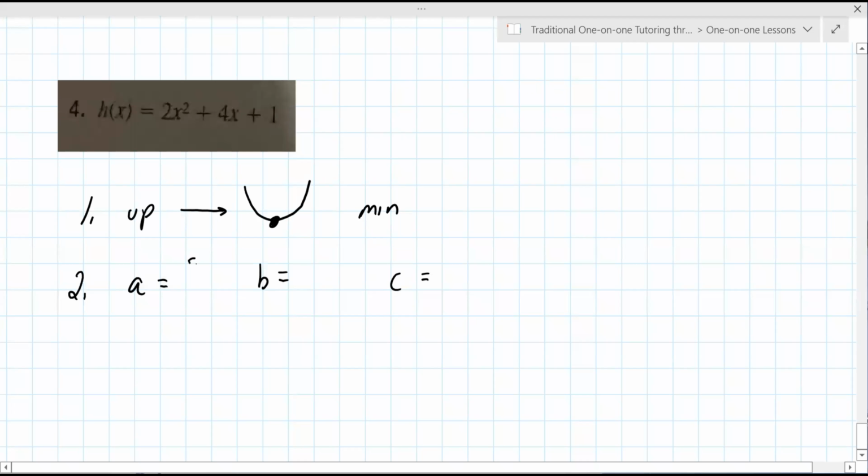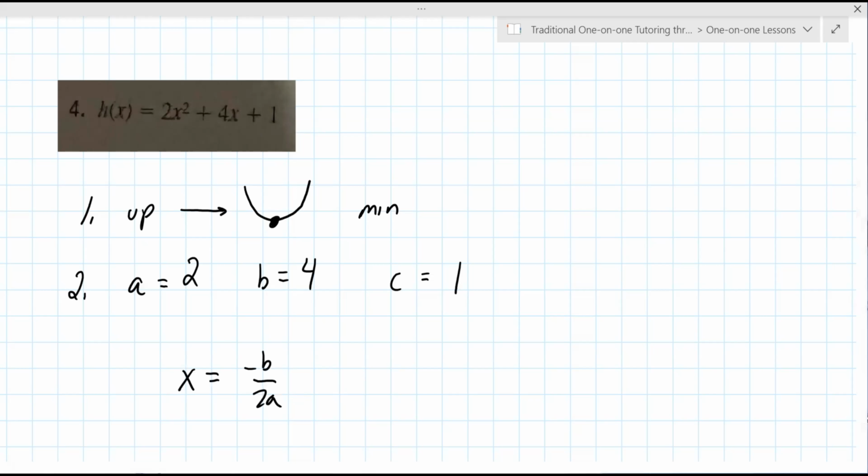Second thing here is to identify a, b, and c. You've got those down. Occasionally they'll put these in the wrong order. It's got to be in descending order: x squared, then x, then 1. So I want you to find the x coordinate of the vertex for me, please. x equals -4 over 4. x equals -1.